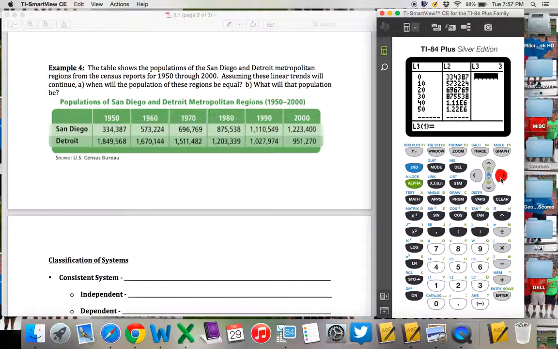Okay, when you're done with L2, then you're going to plug Detroit's values into L3.